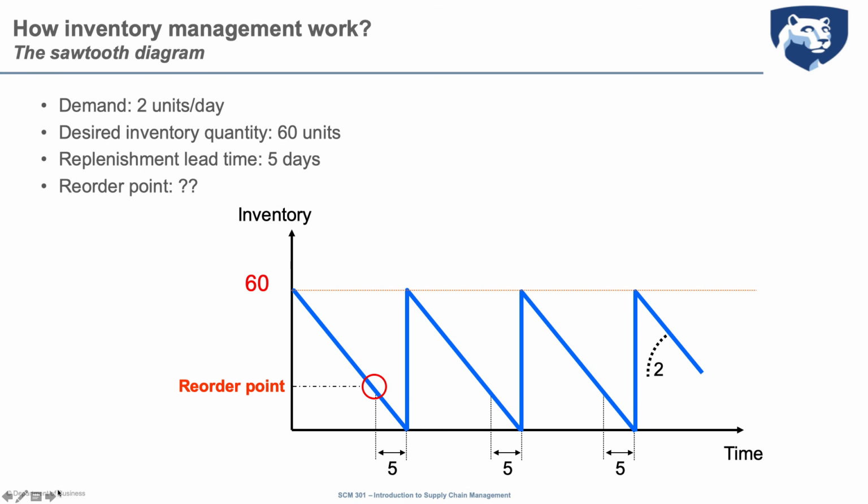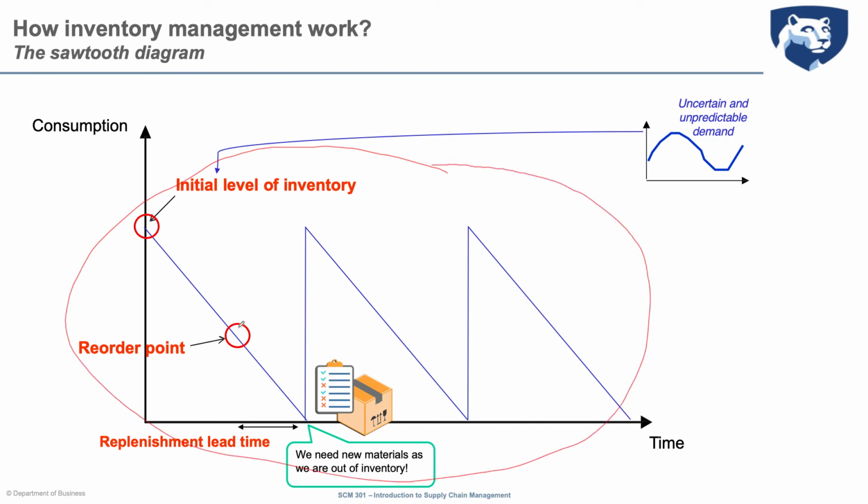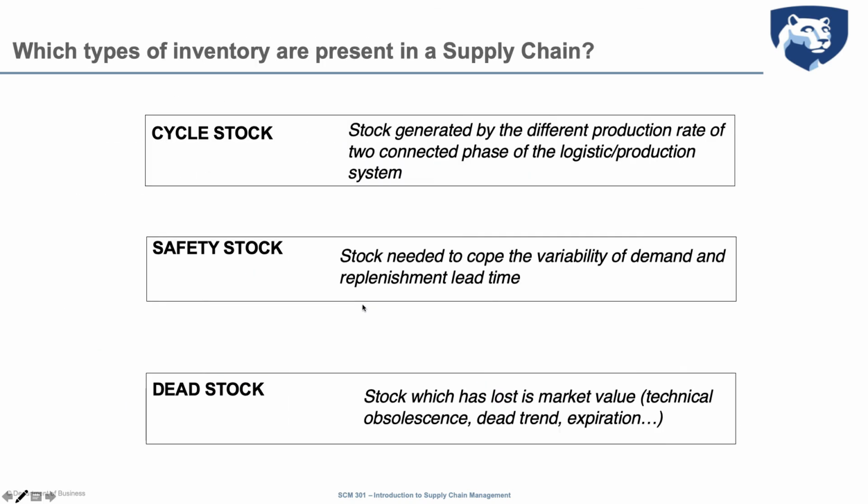Starting from the sawtooth diagram and what we just discussed, in modeling this situation there are three different types of stock that you need to consider, that are separate and have different aspects from an inventory management model perspective, and that you need to consider every time you take inventory management decisions and try to make optimization.